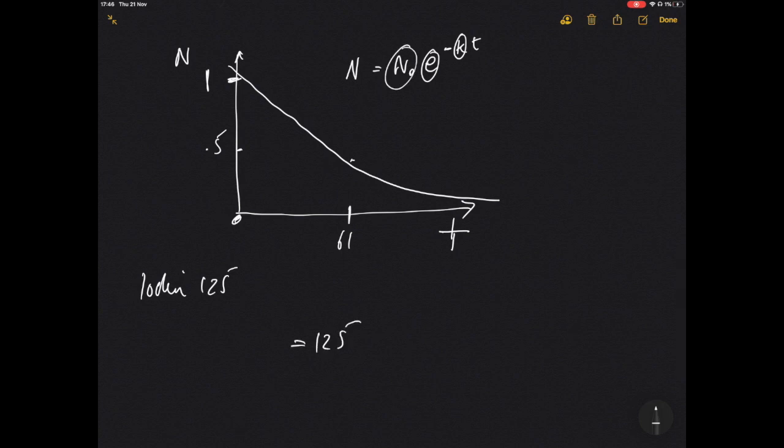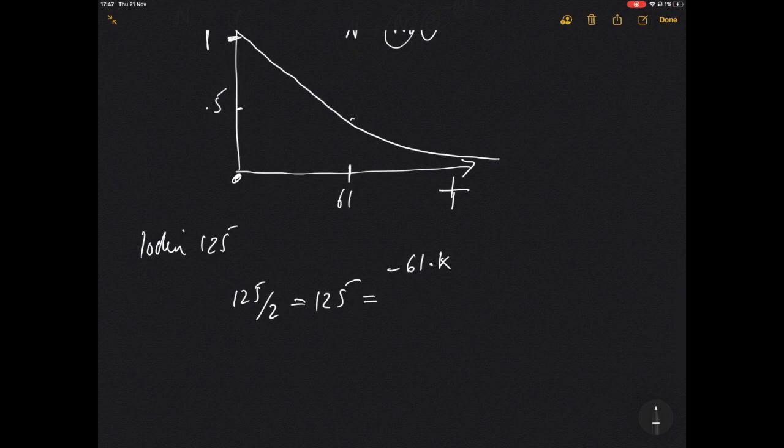Our half-life, well, after half the time it's lost half its mass, so that would be 125 divided by 2, and that is equal to 125 times e to the minus 61, the time in which it's happened, multiplied by our constant k. And what we can do is use our laws of logs, that should be an e here, and that can help us find out what this k is, right?